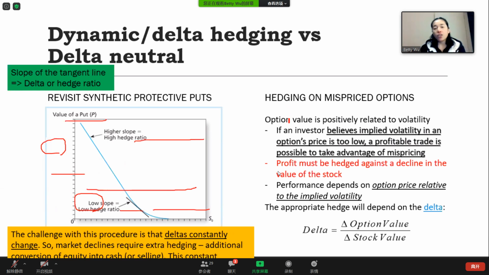Okay. So option value is positively related to volatility. We already talked about that. Volatility is good for option values. When we talk about volatility, sometimes we talk about realized volatility.